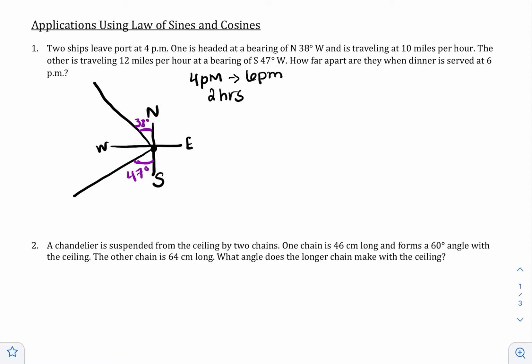If the first one is traveling at 10 miles per hour for 2 hours, they have traveled 20 miles. Ship 2 is traveling at 12 miles per hour, so this is 24 miles.